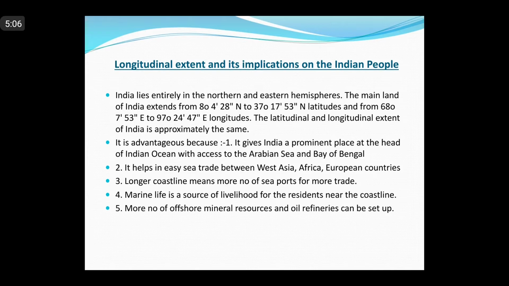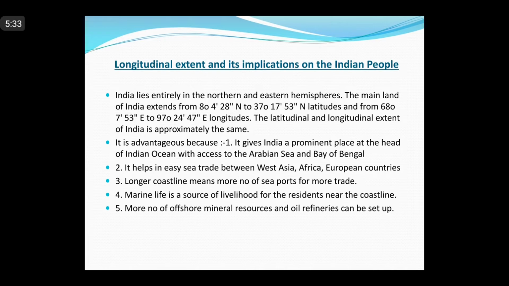Its location is advantageous. You know why? It's only because it gives access to the Arabian Sea and Bay of Bengal. It helps in easy trade not only with the neighboring countries but with other countries and other continents also, like Africa, Western Asia or European countries.